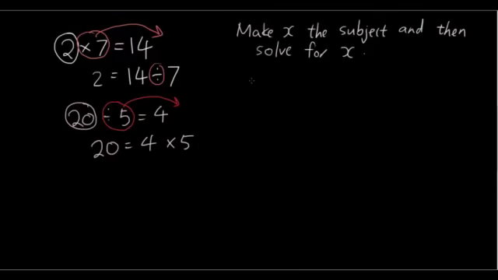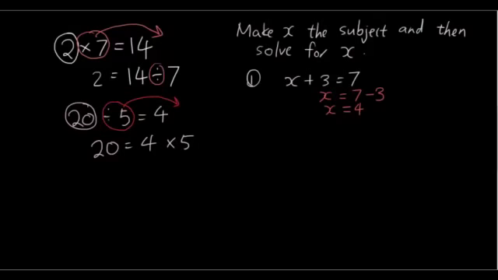So question 1, x plus 3 equals 7. What I want you to do is to make x the subject first by writing x equals 7 minus 3, and then 7 minus 3 equals 4. x equals 4. So that's what I want you to write as the answers.